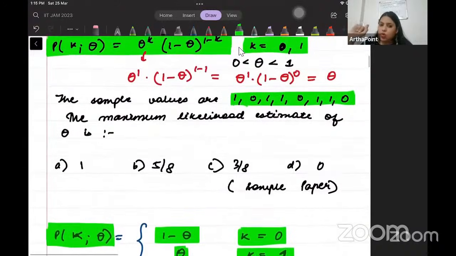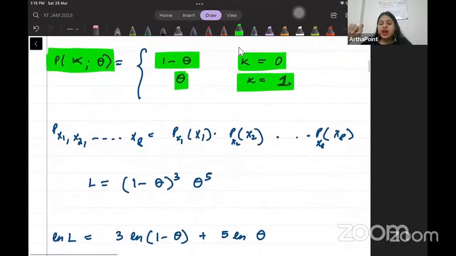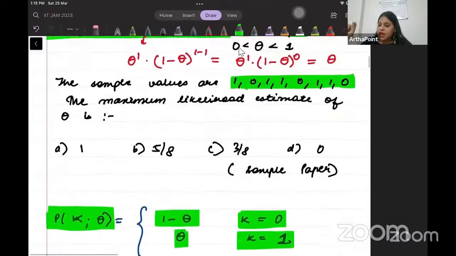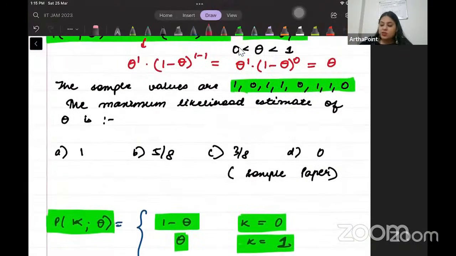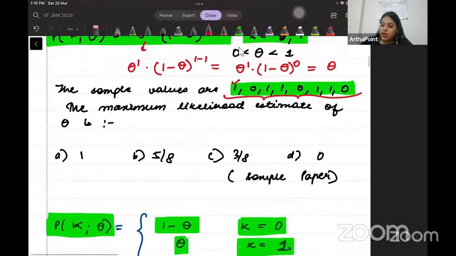But I know that my sample values are 1s and 0s. How many 1s are coming? 1, 2, 3, 4, and 5. 5 times I see 1. And how many zeros? 3 times I see 0.